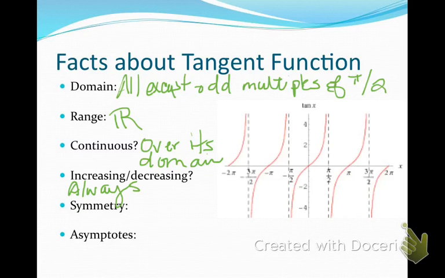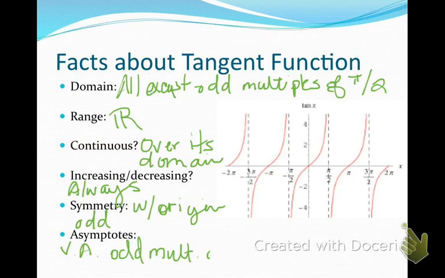It jumps, but it doesn't decrease at any point. It is symmetrical with the origin. So it's an odd function. And it has vertical asymptotes at the same place that we talked about in our domain, odd multiples of pi over 2.